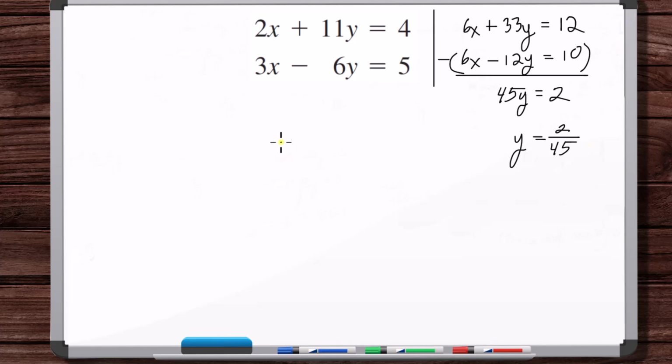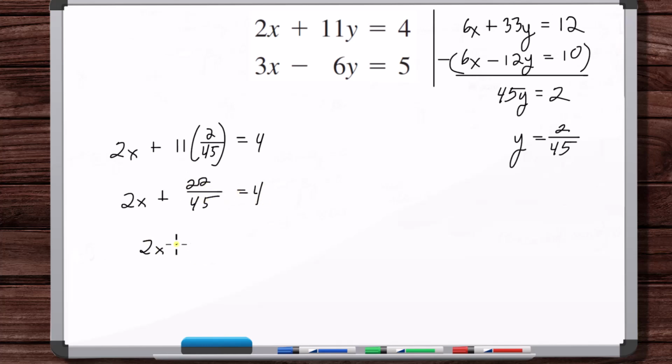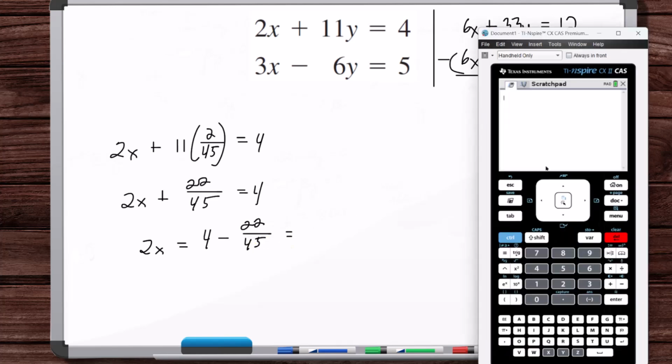Okay, so now let's just plug in that y value into either one of these equations and get x. So we've got 2x plus 11 times 2 over 45 is equal to 4. So 2x plus 22 over 45 is equal to 4. So 2x is equal to 4 minus 22 over 45, which is equal to, let's see, let's just use our calculator for this.